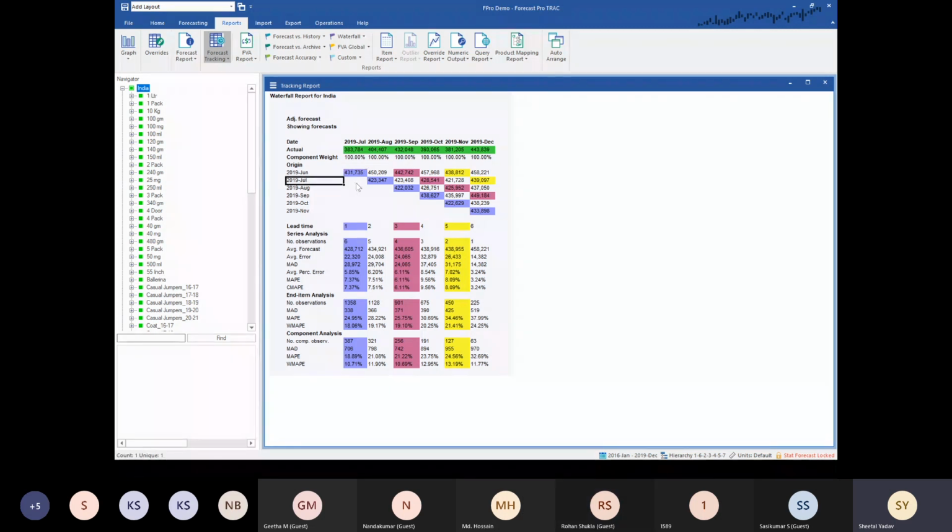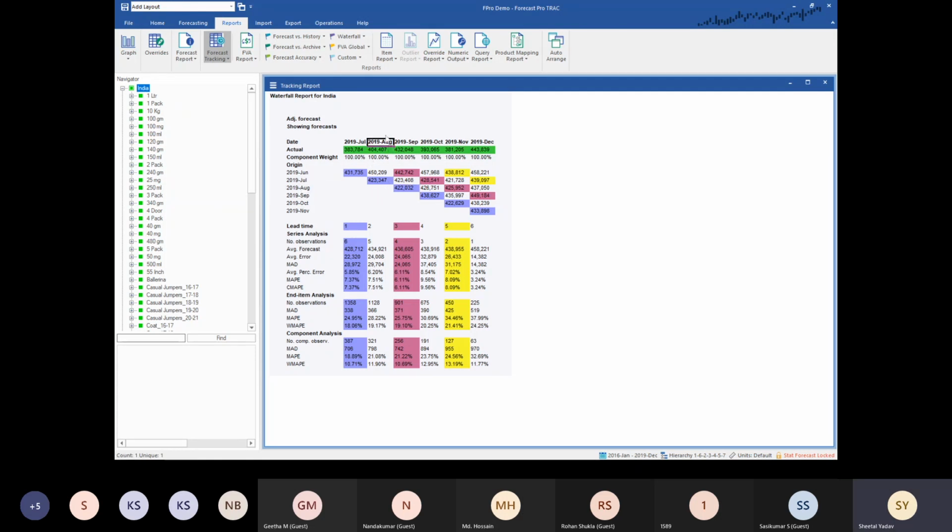When I move and I have data till July and I'm forecasting for August, I have another observation of lead time 1. And similarly, when I complete August, I'll be forecasting for September with actual data till August.